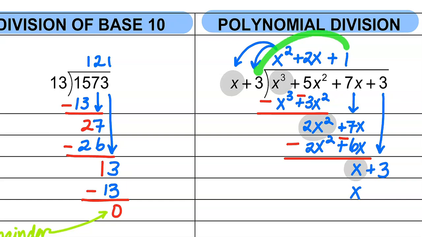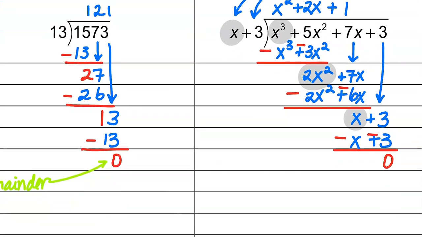And then 1 times the 3 is 3. Then I'm going to subtract. Draw my line and change all signs. And notice that they actually both cancel out. I'll just write 0 here. And you can see that this is my remainder.